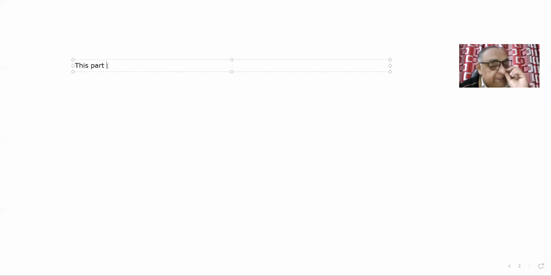Now the point is that this part defines important features of Indian polity. Two important features of Indian polity. So what are the two important features? One important feature is the Union of India, and the other important feature is the Territory of India.